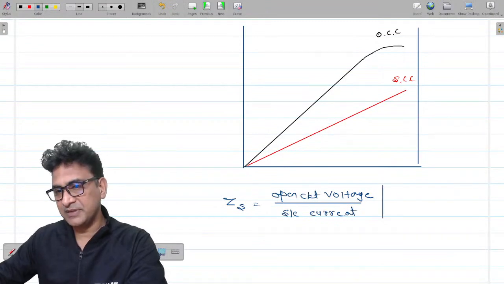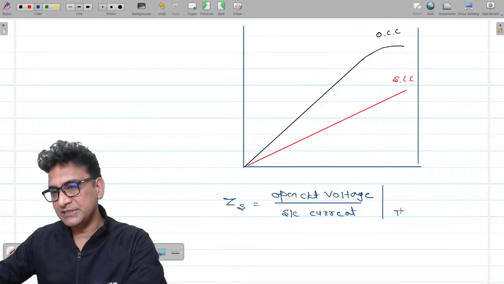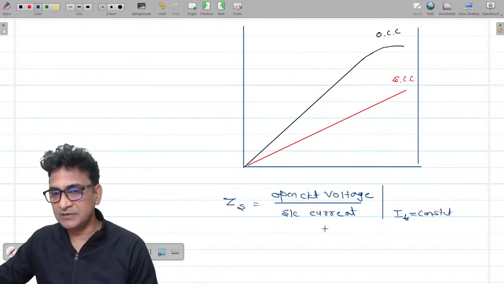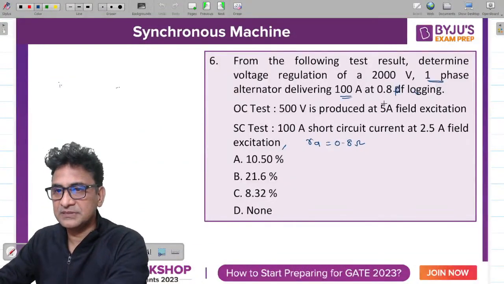But always remember here that IF should remain constant. We are not changing the field excitation. With the same value of field current, you have to see the open circuit voltage and the short circuit current.